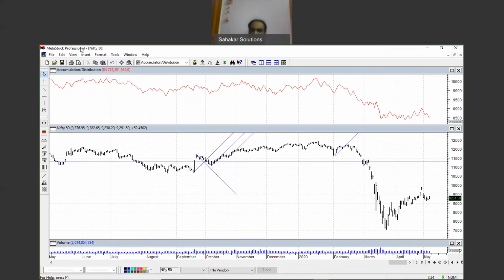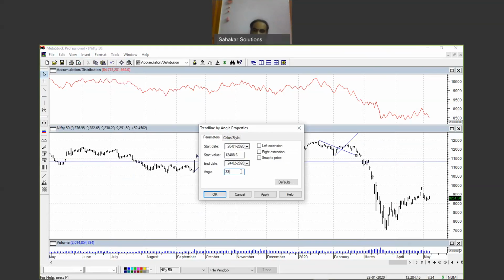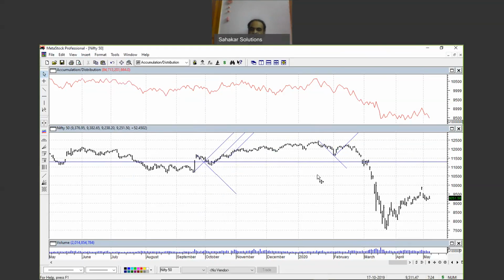It is 315 degrees, and we extend both of them. We extend them to the right.